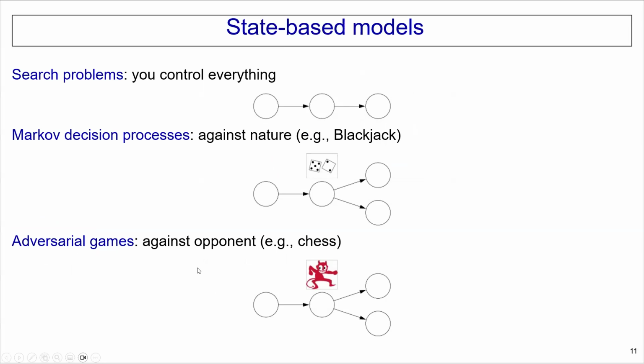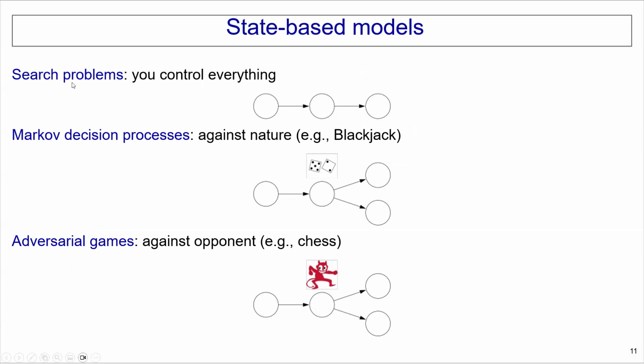Now, we will consider three types of state-based models. The first is search problems. Search problems are models where you are operating in an environment that has no uncertainty. However, in many realistic settings, there are other forces at play.